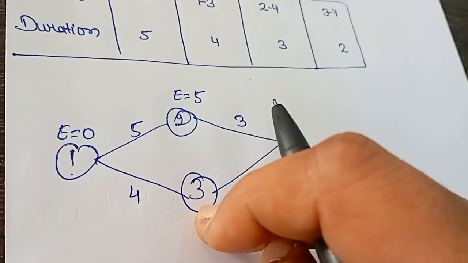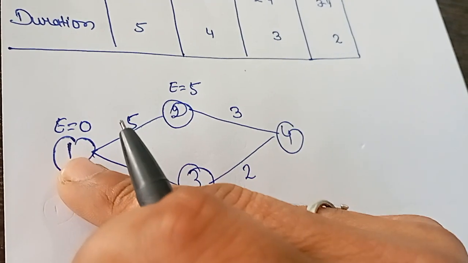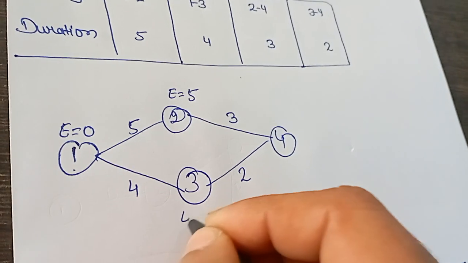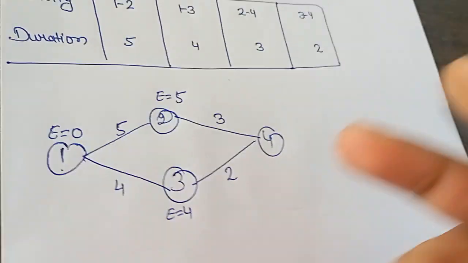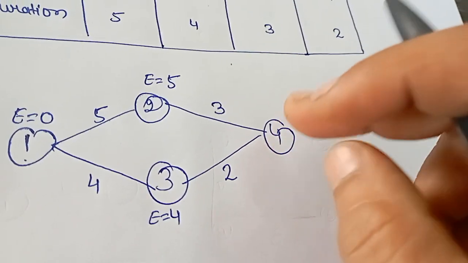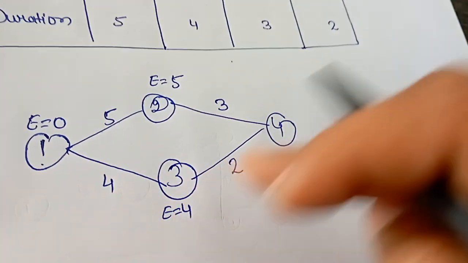Now next activity 3, here 0 plus 4, the earliest time is 4, and here there are two ways, 1 2 4, 1 3 4.